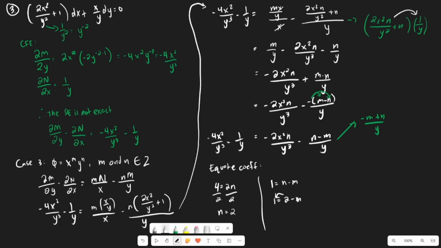Subtract both sides by 2, we'll have 1 minus 2 is equal to negative m. Then we'll multiply both sides by negative 1. So this becomes negative 1 is equal to negative m, and multiplying both sides by negative 1, we'll have m is equal to 1.